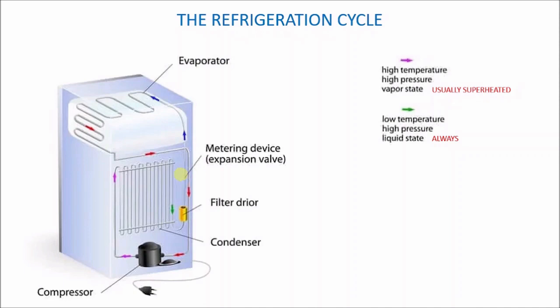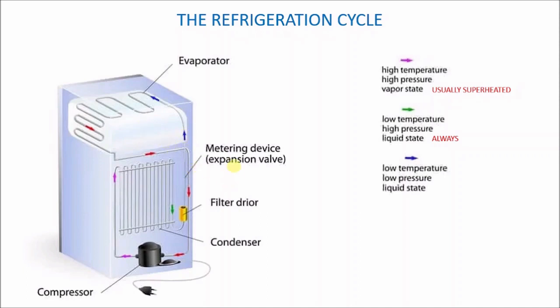And so after the throttling device, you can see we now have the blue arrow here that represents the refrigerant before it gets into the evaporator. And at that stage, it can still be liquid, or it can be a wet vapor usually, okay? And so this is what we have here.